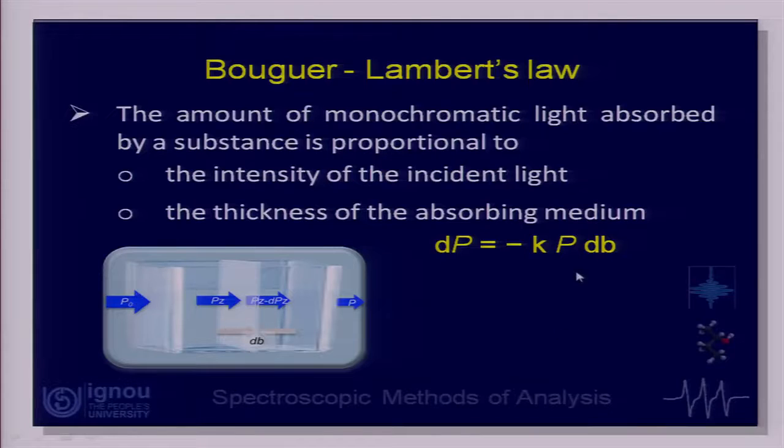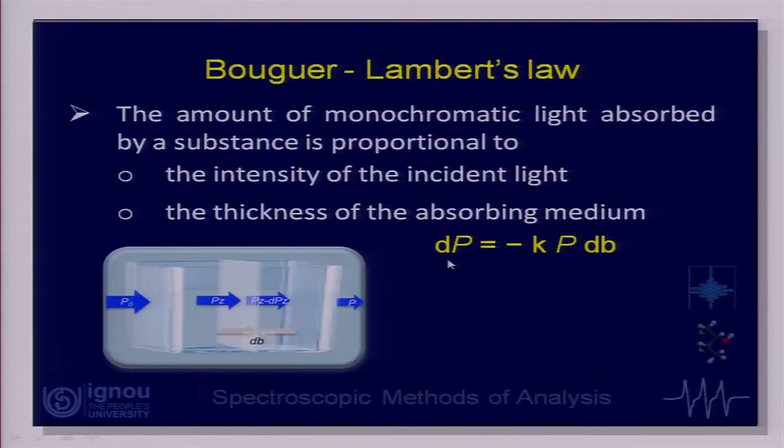What comes out from here is Pz minus dPz. This dPz, the small decrease in the intensity when it passes through a very fine medium of thickness dB, is equal to dP here. I am just omitting Z over here. Z basically could be X, it could be Y, it could be Z, depending on the direction of it. So, I am just skipping the direction part of it here.